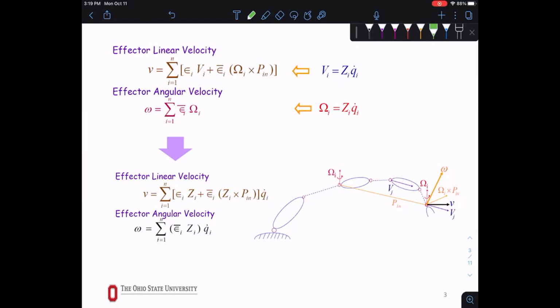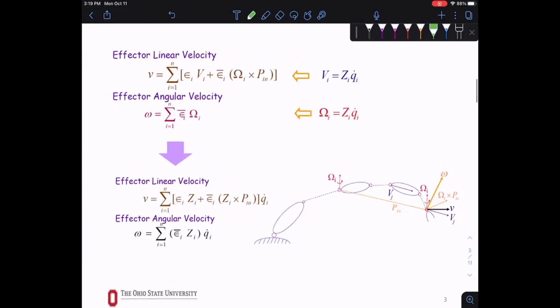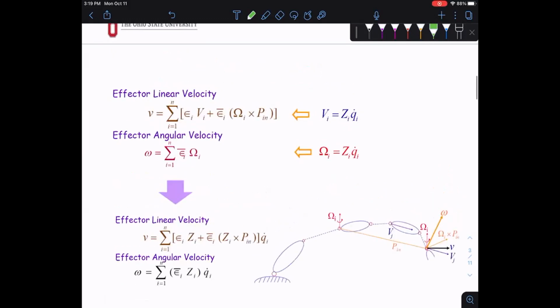Now, what's epsilon here? This is written as a kind of pseudocode, an algorithm, just to help you write and condense them. So epsilon is 1 if you have a prismatic joint. Epsilon is 0 if you have revolute.